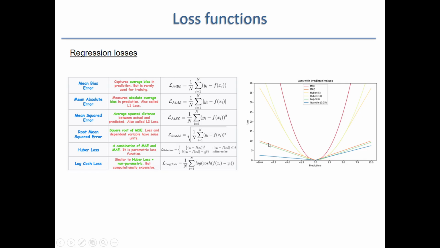The absolute error is this one. But the square error goes faster if you are close to the minimum. The problem with this is that beyond a point you are giving an excessive importance to having large errors, while this one is not.